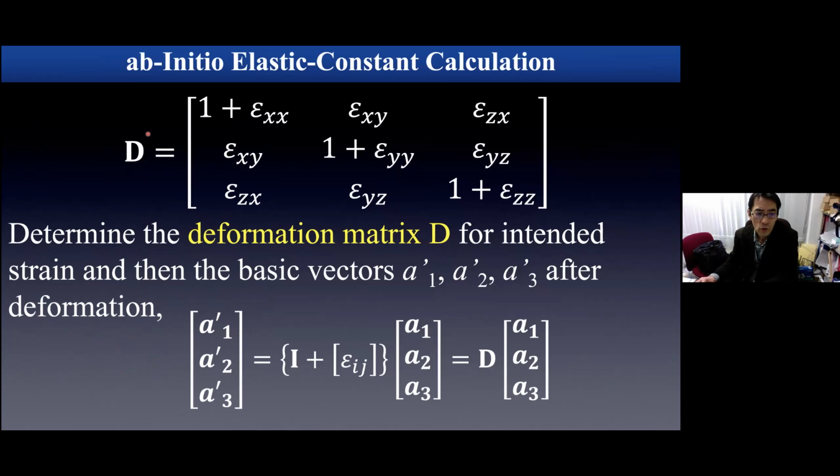To perform such a calculation, we need to form the deformation matrix D, which is dependent on the strain tensor. From matrix D, we can calculate the basis vectors after the deformation with this equation.